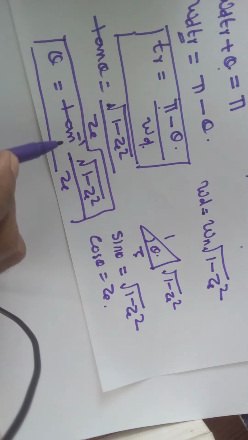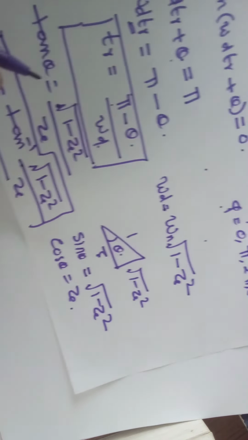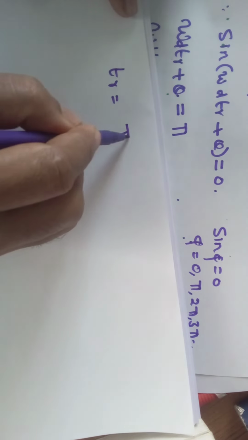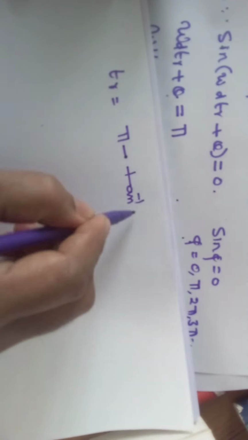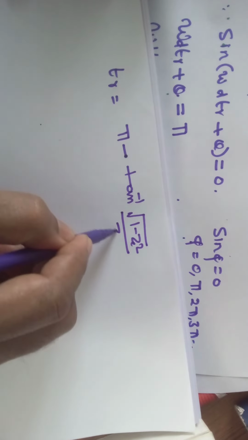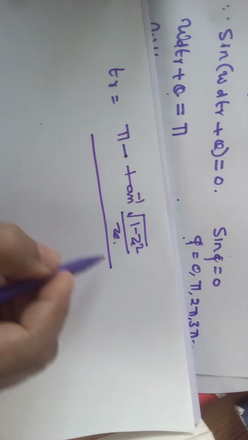Now, if you substitute this value in this equation, you will get the final value of tr. Therefore, tr is equal to pi minus theta, where theta is nothing but tan inverse of square root of 1 minus zeta square divided by zeta, the whole divided by omega d.